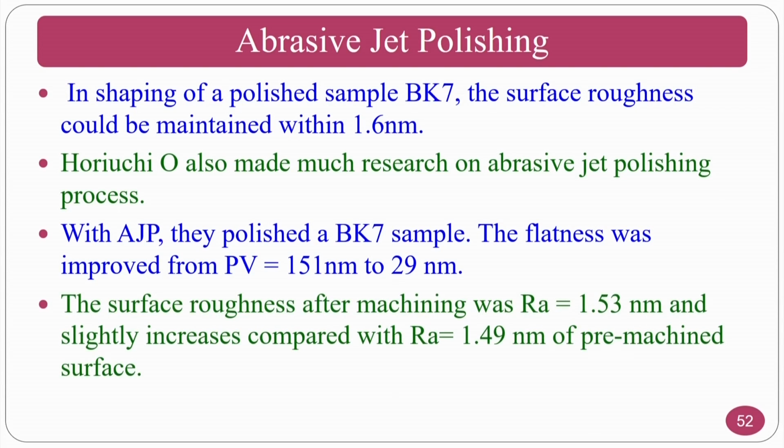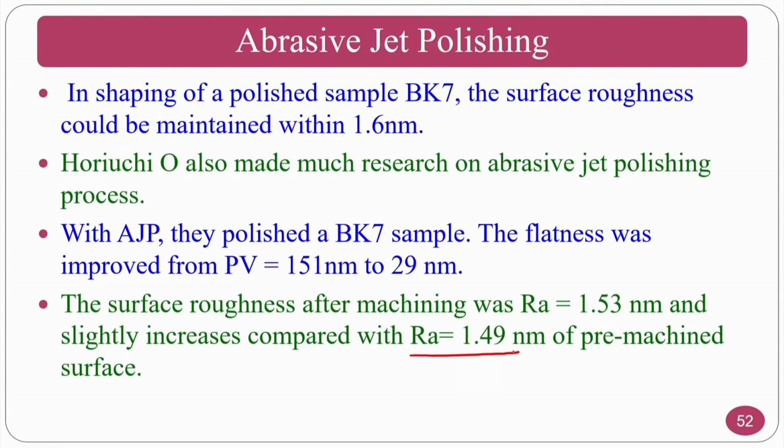That's why you can go through this, and if some people want to take up or modify the existing abrasive jet machining process to abrasive jet polishing, that can be done. The roughness values are 1.49 nanometers, and this can be achieved on surfaces also.